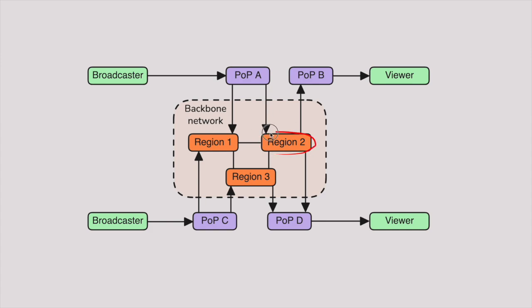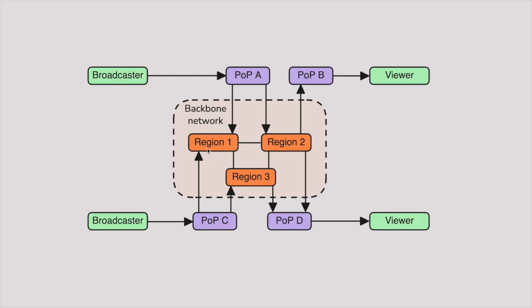And once all those heavy operations are done, then it gets sent to different POPs. In our case, if we look at the broadcaster at the top, it streamed video into POP A, and then it could go to either region 1 or region 2, for instance, for transcoding and heavy operations. And once all of that is done, that video gets delivered to multiple POP locations where it's going to be streamed from.